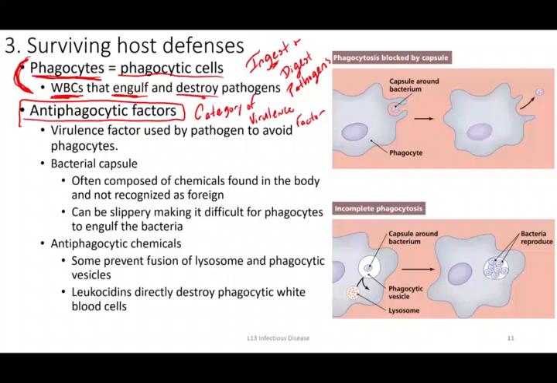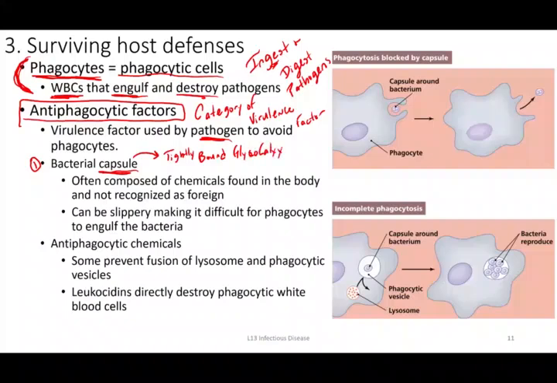And so these virulence factors are going to be used by different pathogenic organisms to avoid this process of phagocytosis and avoid the host immune response. So one we've actually talked about before. We have said bacterial capsules are going to be really important. So this was the tightly bound glycocalyx.